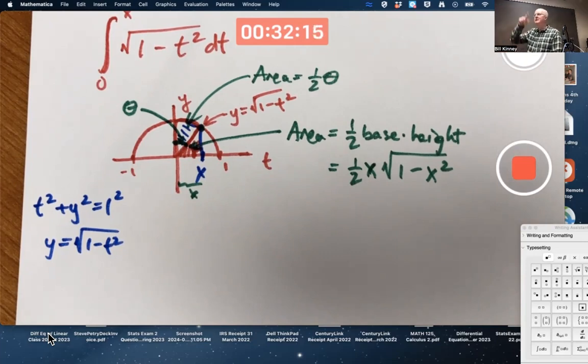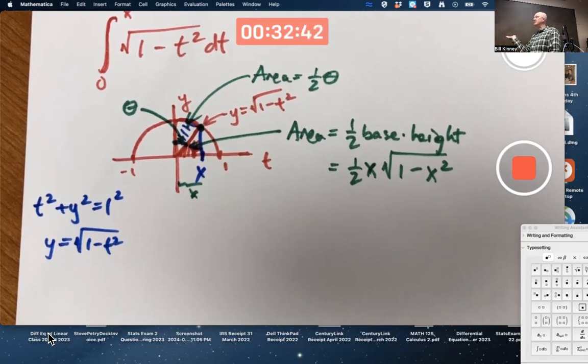Think about the entire unit circle, centered at the origin with a radius of 1. What's its area? Pi r squared. But r is 1. Pi times 1 squared. Pi. The area of the unit circle is pi. What's an angle that goes all the way around the unit circle in radians? 2 pi. 1/2 times 2 pi is pi, the area of the circle.